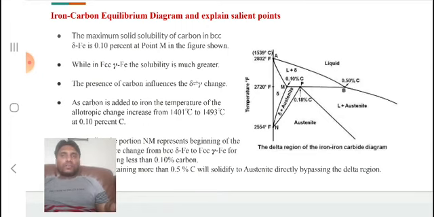So from the austenite phase to the delta iron phase, it becomes stronger than austenite, because austenite is more ductile than delta iron. The reason behind this is that austenite is FCC and delta iron is BCC. In FCC we have more slip planes when compared to BCC, and more slip planes mean more ductility.